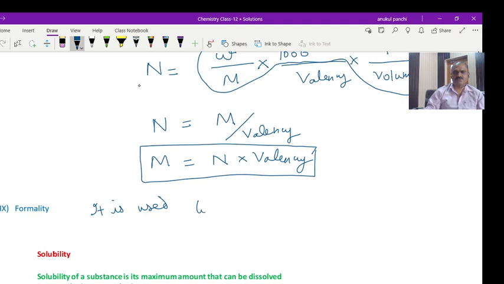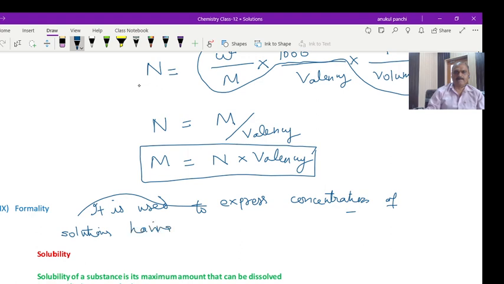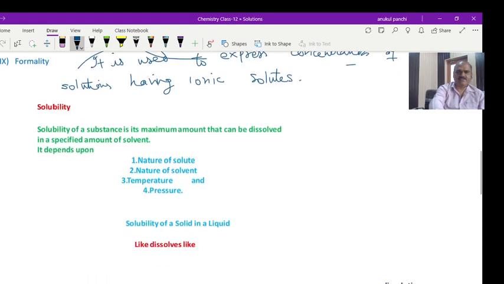It is used to express concentration of solutions having ionic solute. Okay, now the question arises, why do we need a separate term for ionic solutes?